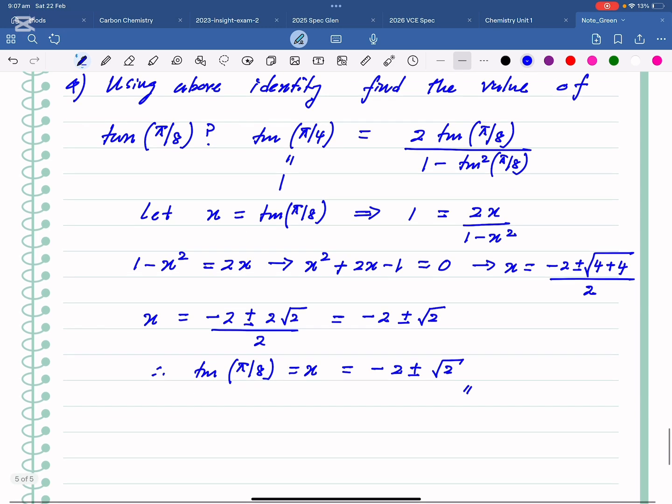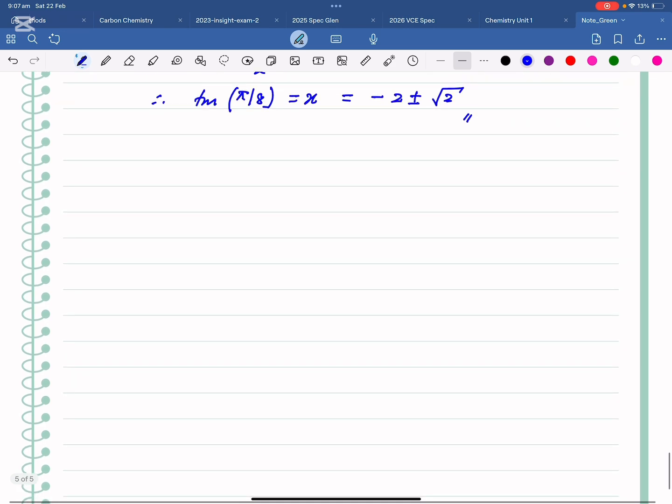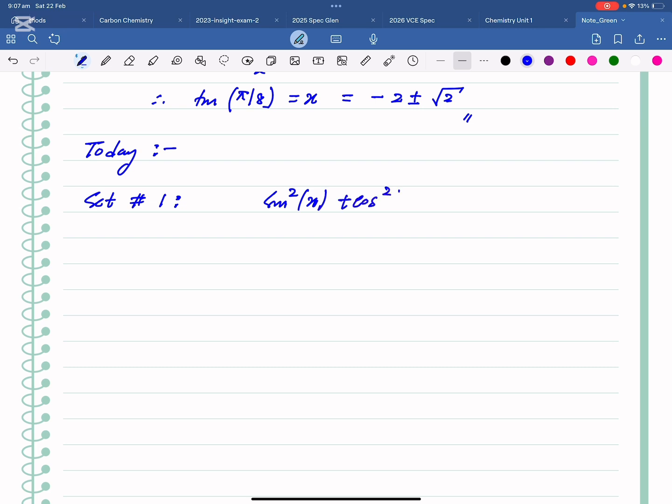Okay. So what we understood today: we did set 1. Sine squared x plus cos squared x is 1. Also we did 1 plus tan squared x is equal to sec squared x.